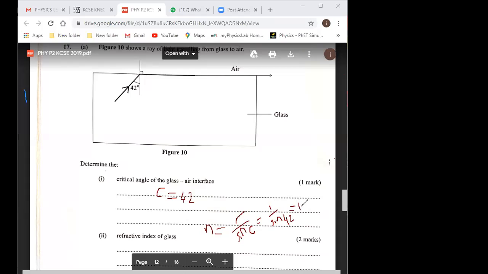So here we are having sine of 42, and then we get the reciprocal of it. It is 1.494. So that becomes the answer. You have to give it to 4 significant figures. Then you move to the next question.